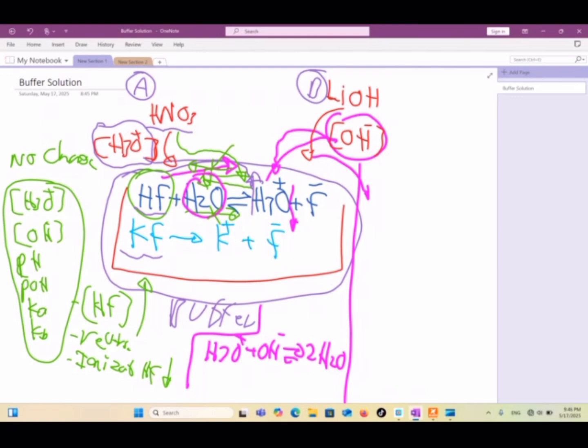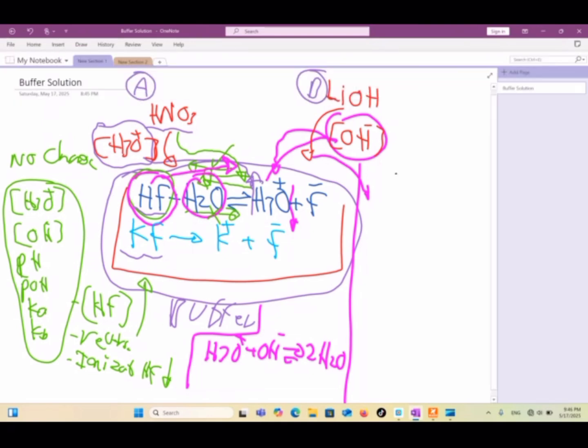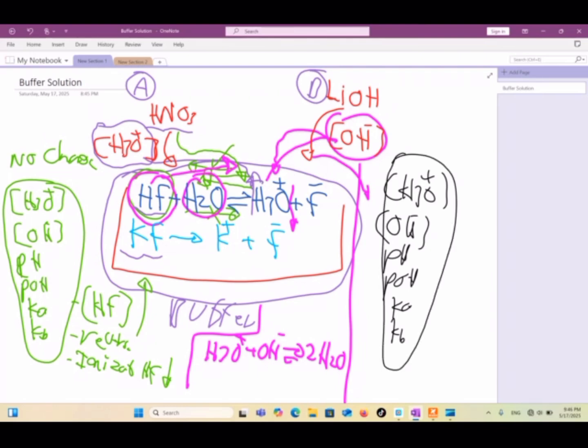Because the amount of hydronium that is consumed due to the addition of the base is compensated by the ionization of the weak acid. So we can say that there is no change in the concentration of the hydronium, hydroxide, pH, pOH, Ka, and Kb. These values stay constant.